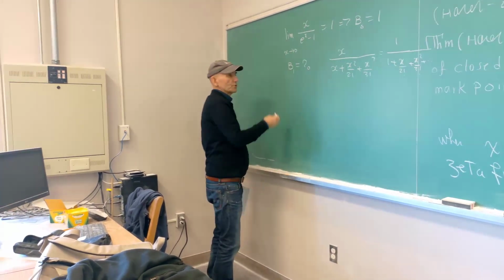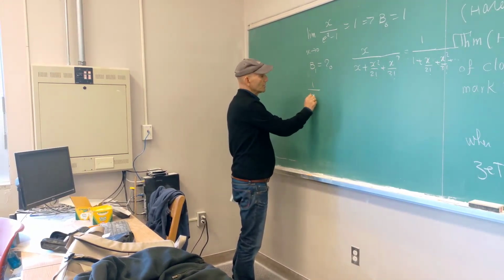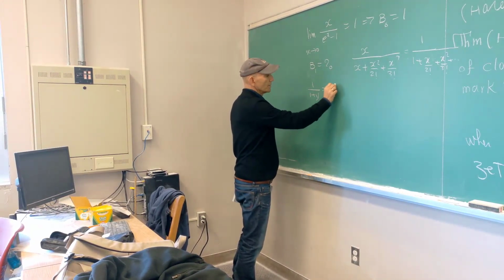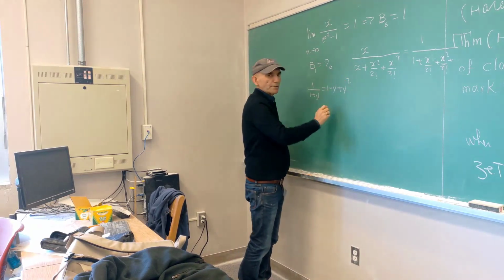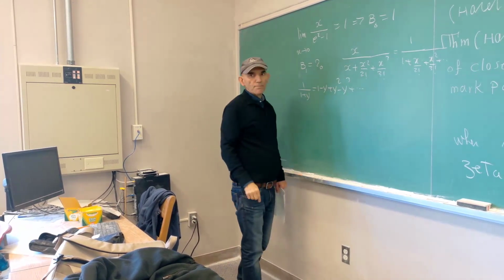Okay, so then I just use the power series expansion, 1 over 1 plus y equals 1 minus y plus y squared minus y cubed, and so on.